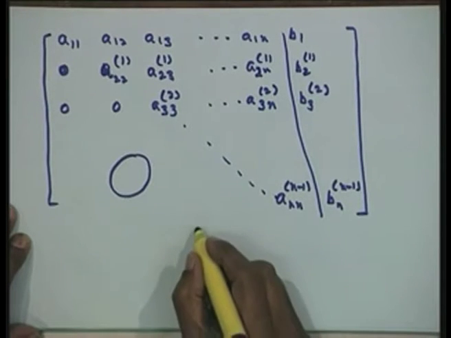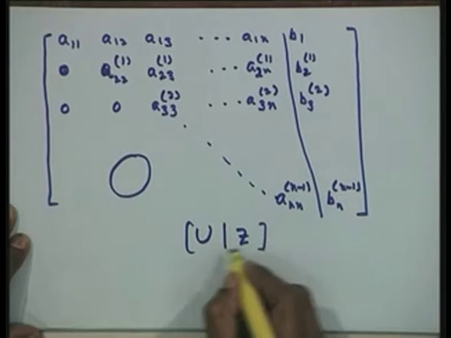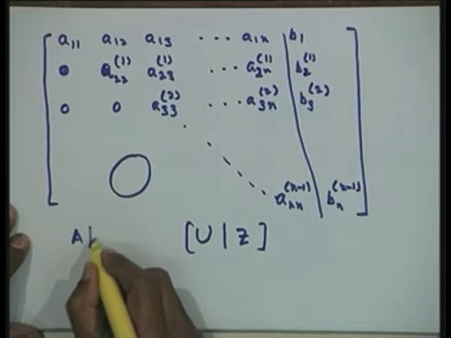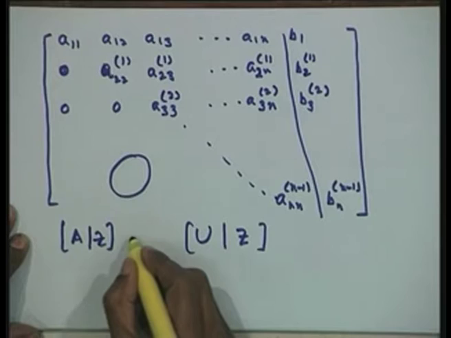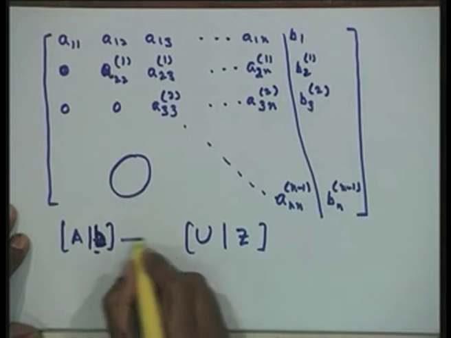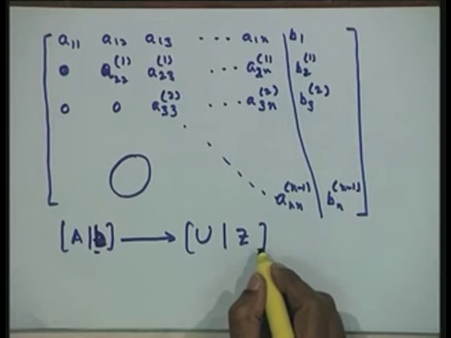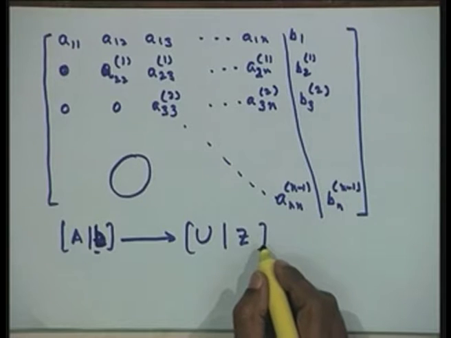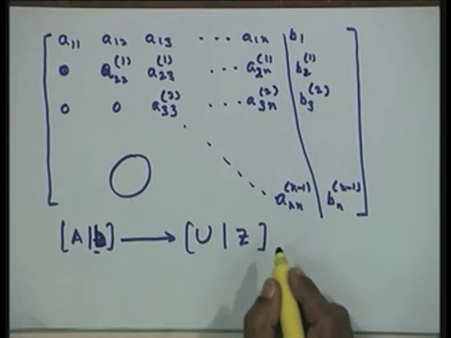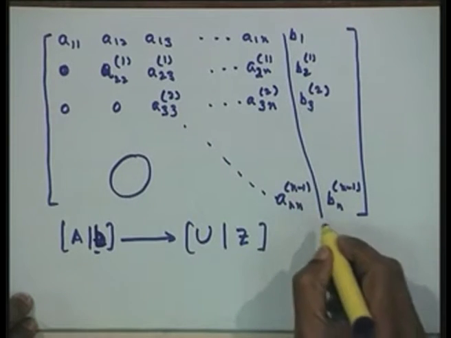Now this is an upper triangular matrix, and this is what we were saying, that the augmented matrix A b is now reduced to an upper triangular matrix and the vector. Now once we do this, the solution will be trivial, by back substitution.